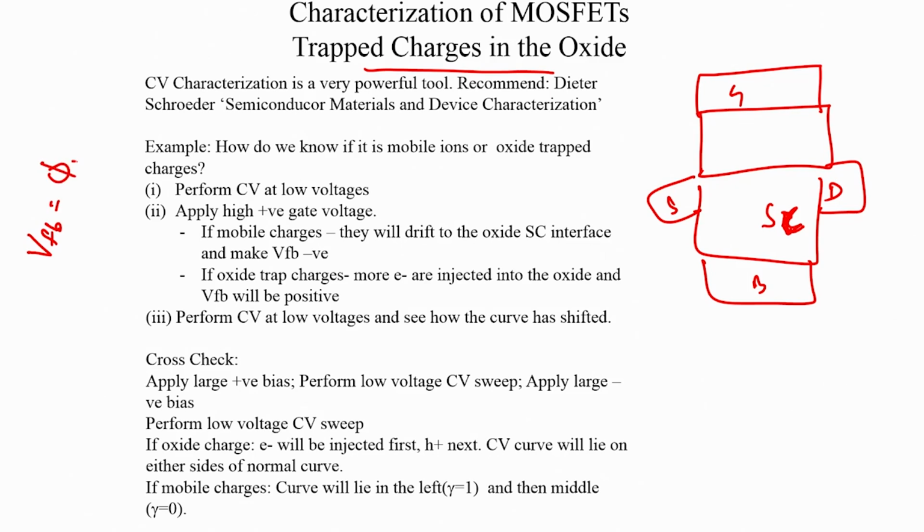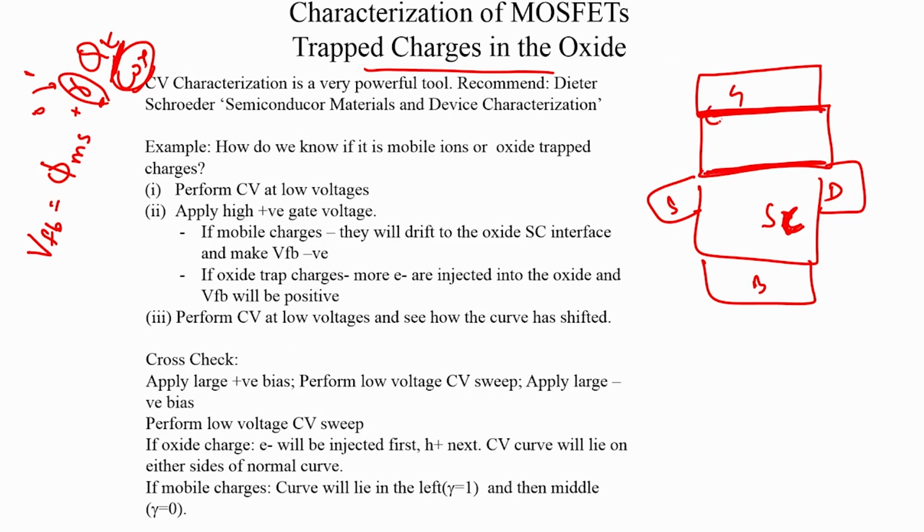The flat band voltage is normally this, but then due to the presence of trap charges, we had an additional term, which was gamma times Q trapped by Cox, where gamma would take a value of 1 or 0 depending on whether these trap charges were present close to the insulator semiconductor interface or at the gate insulator interface.